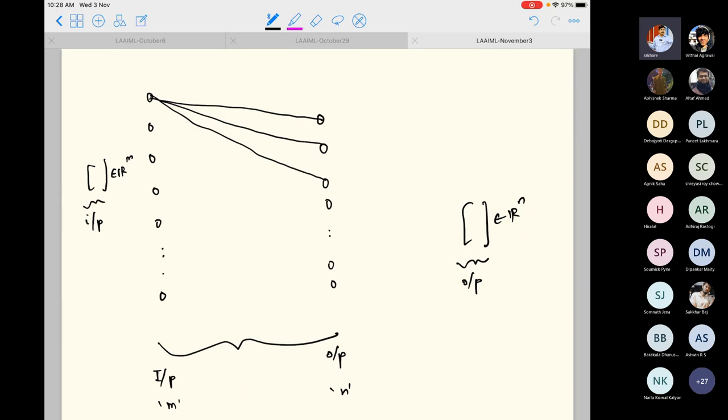I'm not considering any activation at this point. I'm not even considering bias at this particular point. I'm just looking at the input and output layer, fully connected. So first of all, how many weights are here?